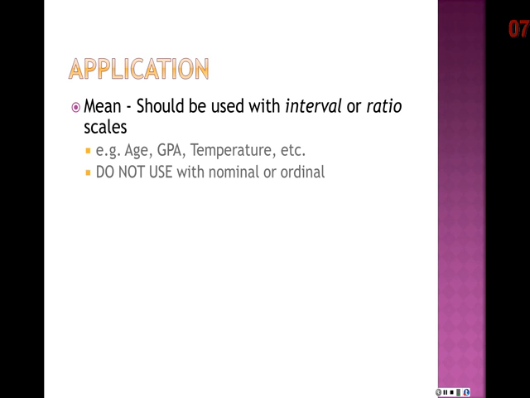You can't have an average on race, right? Similarly, you couldn't have an average of political affiliation, for example. So there's other ways to calculate that. What we want to do is use interval or ratio scales and use the mean to calculate central tendency for those scales.